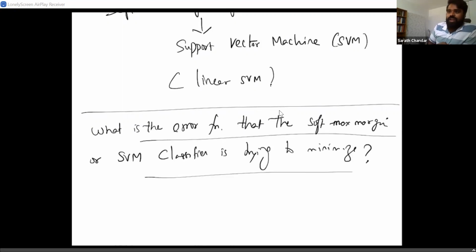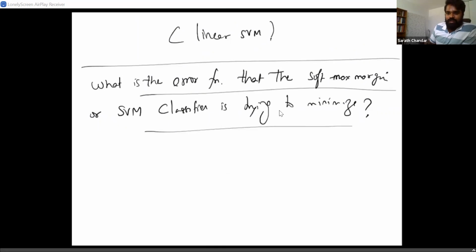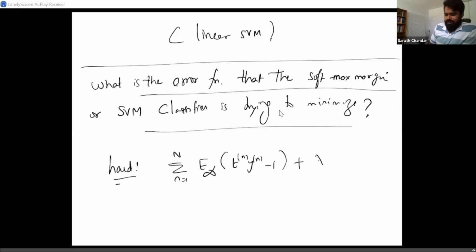To give you an idea, the hard max margin classifier was minimizing the summation over n equal to 1 to N of E infinity of t of n y of n minus 1, plus lambda times w squared. So it had infinite error when t of n y of n is not greater than or equal to 1. This was the hard version.